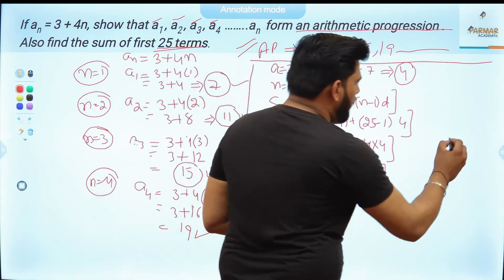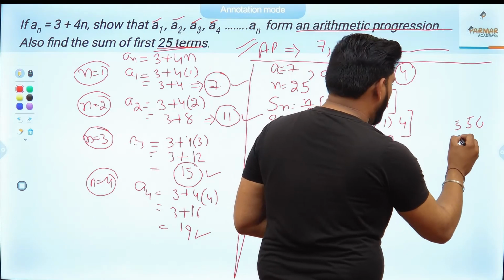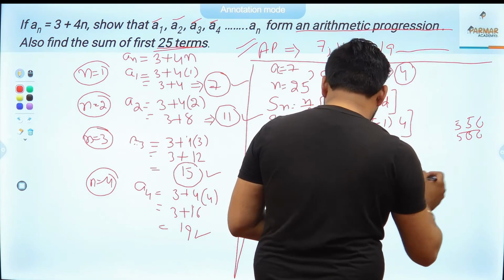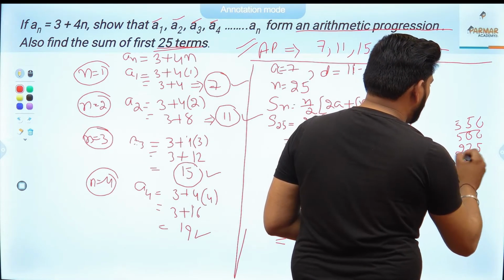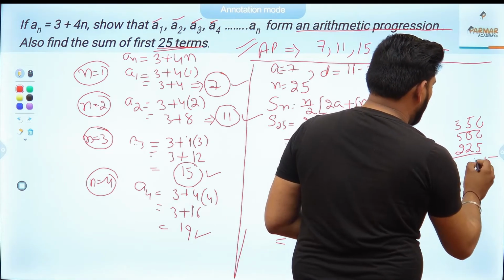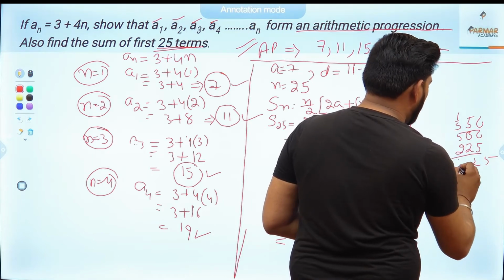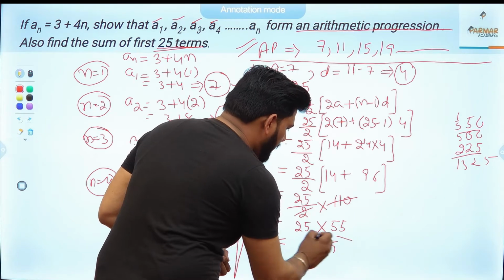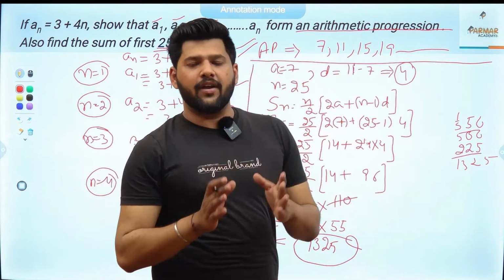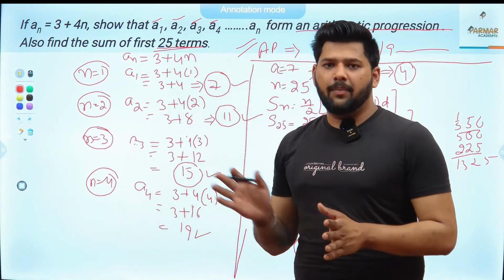So 55 into 25, that is 550 and 825, that is 1325. That is the sum of first 25 terms of this AP.